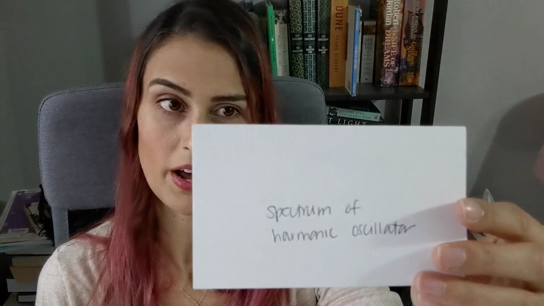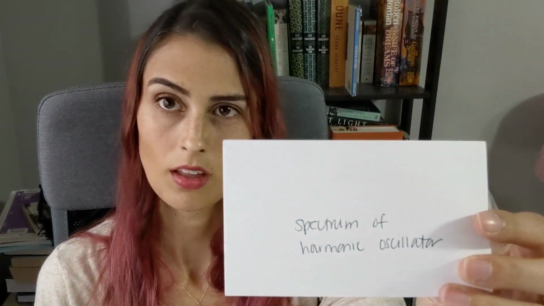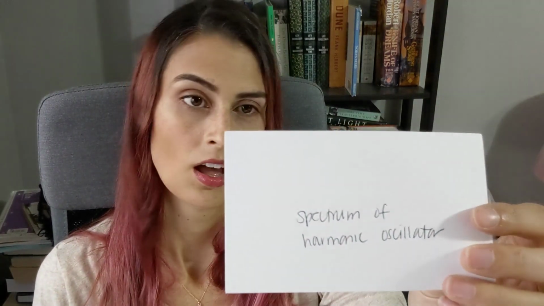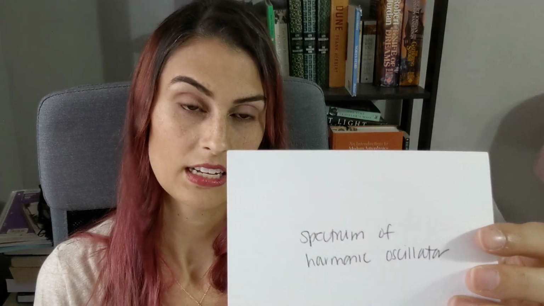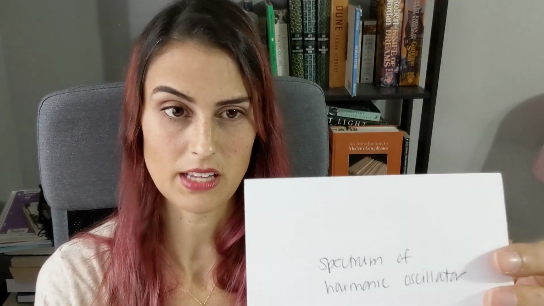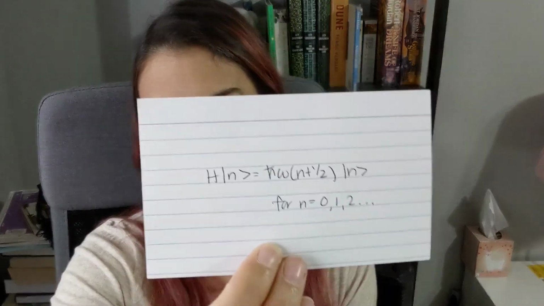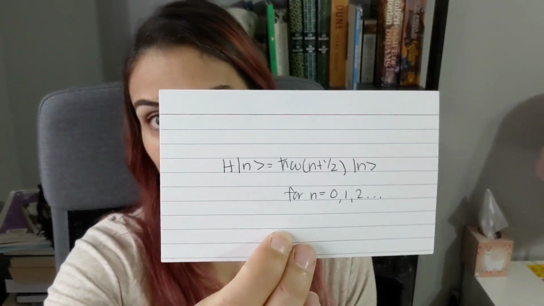The spectrum of our harmonic oscillator. So H acting on ket n is equal to h bar omega times n plus 1/2 times ket n, where the values of n are 0 or a positive integer.